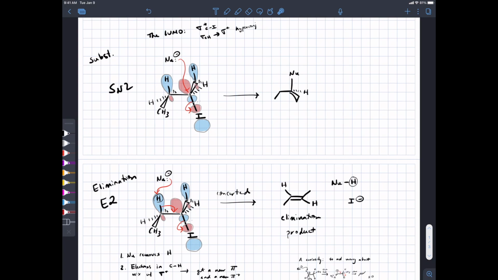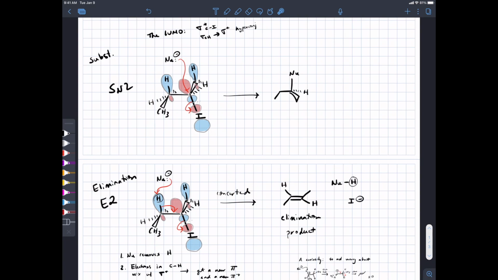That makes sense because the rate law for both of these reactions involves both the nucleophile and the alkyl halide. So, yeah, we're going to see that there are things that promote one versus the other, and we'll talk about all of that.